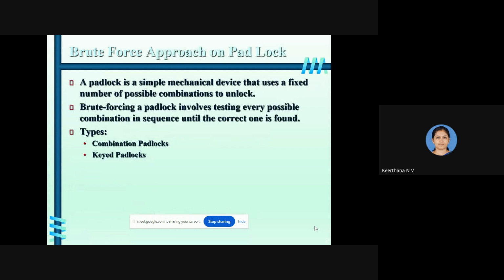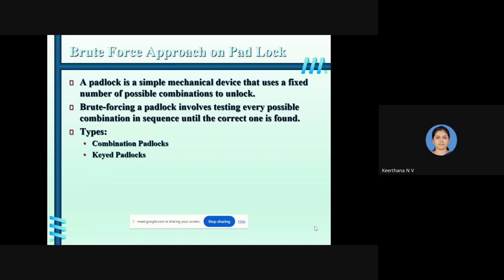There are two mechanisms we are going to discuss here mainly. The first thing is padlock, and the second thing is password guessing method. So what is a padlock? A padlock is a mechanical device. It is used to find the number of possible combinations that you can use for unlocking, either a password or a device.